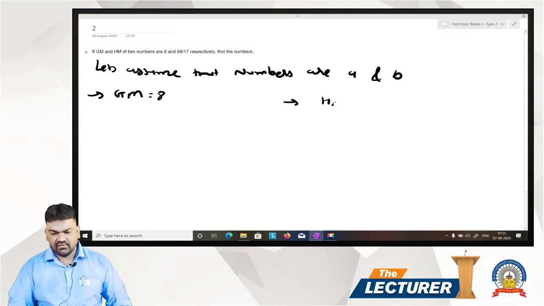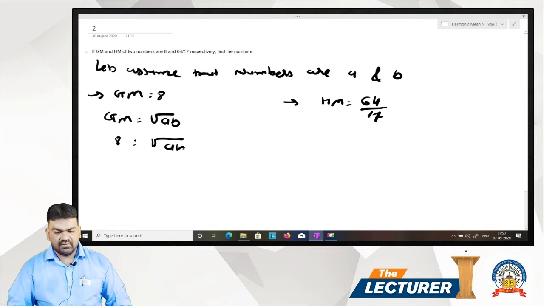Second, HM is equal to 64 by 17. GM is equal to under root ab, so 8 is equal to under root ab. Take square both sides: 64 is equal to AB.